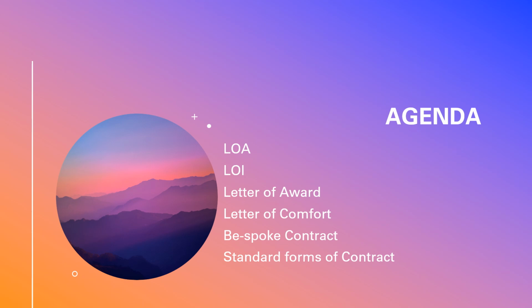Let me give you one more example. You have a construction of a high-rise building, and you have an intention to give it to one contractor through single source tendering. You approach only one contractor and you wish to issue the contract to him, but you still have not got any permits and other documents.